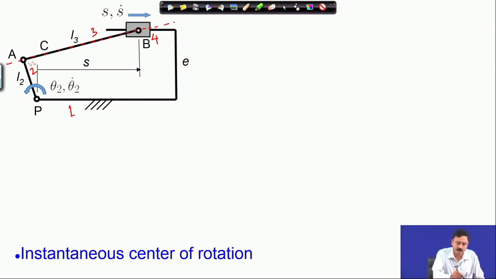So, I24 must lie on the line connecting I23, which is this point, and I34, and it must also lie on the line connecting I12, which is this ground hinge P, and I14, which is at infinity, remember, and this is obtained by drawing this line perpendicular to the direction of sliding through the point P. So, this point is I24.